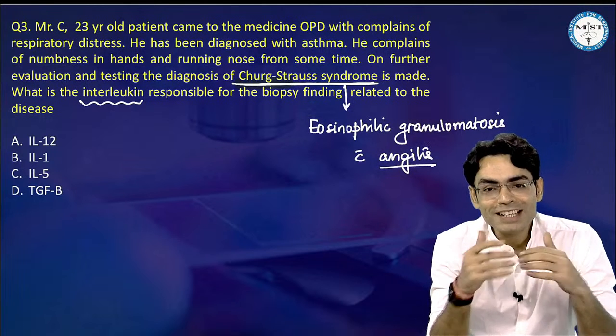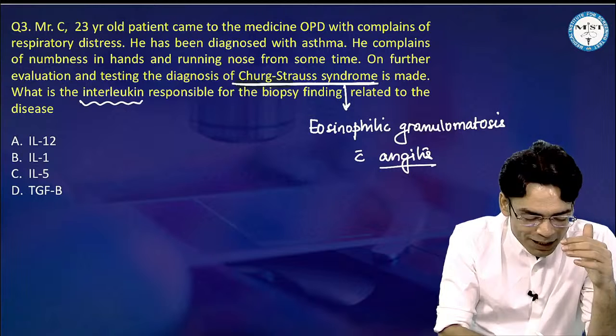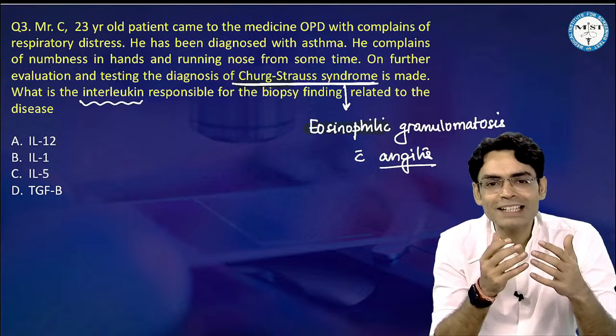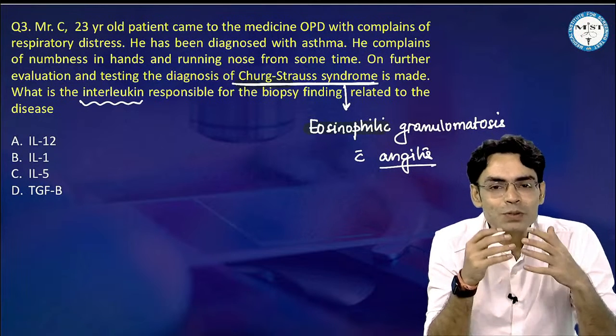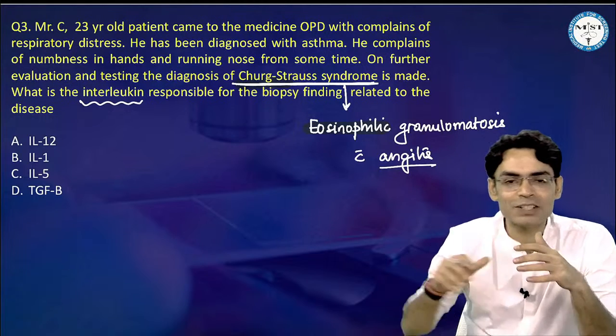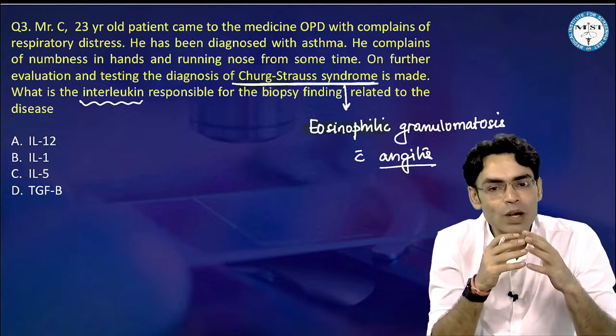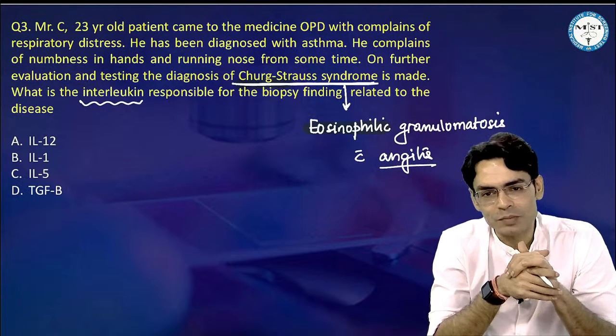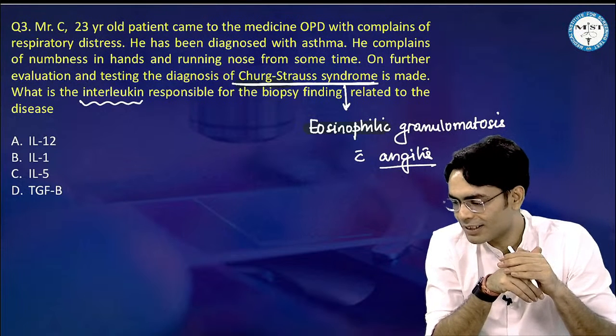This is the other name of this disease. When we use the word eosinophilic, the examiner wants to know whether you understand that whenever we have eosinophils, what kind of interleukin is responsible.